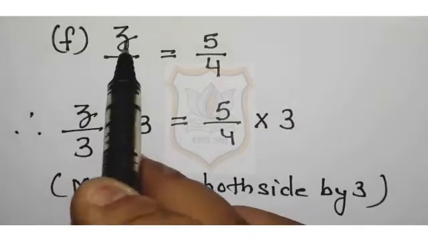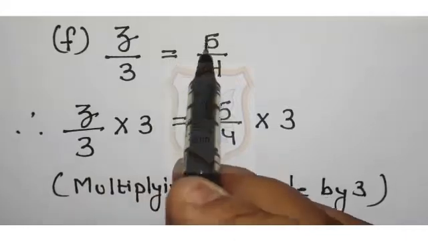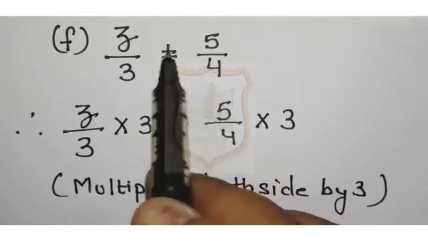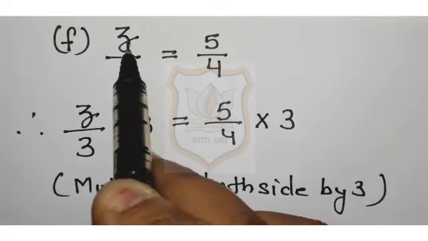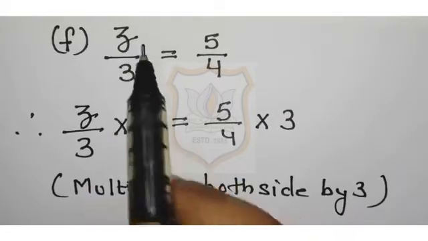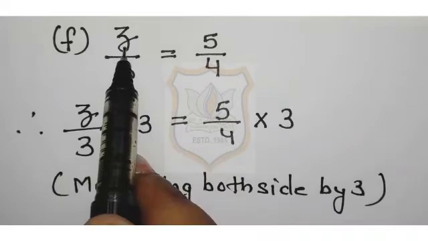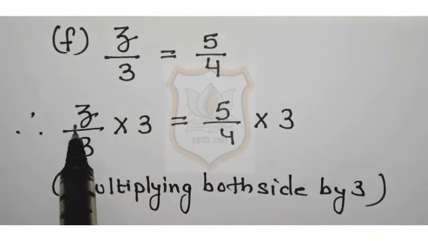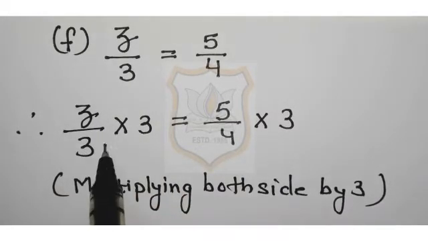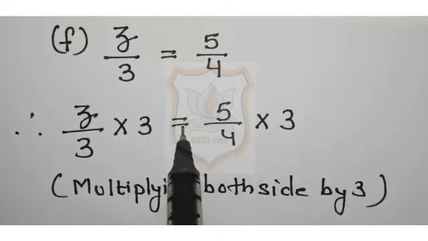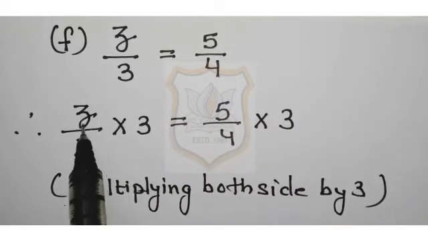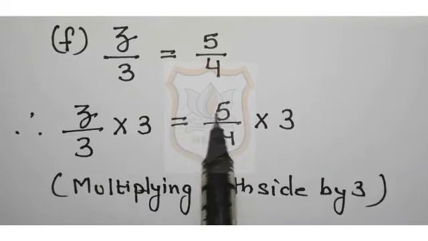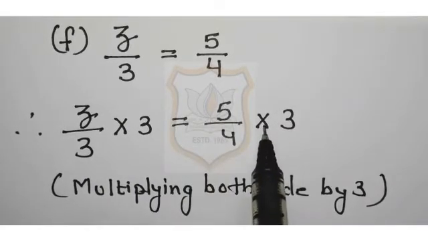F part is Z upon 3 is equal to 5 upon 4. Now we have to remove this constant term and isolate this variable. So to isolate this variable, Z upon 3 is multiplied by 3 on both sides of the equation, multiplying both sides by 3. So Z upon 3 is multiplied by 3 and 5 upon 4 is also multiplied by 3.